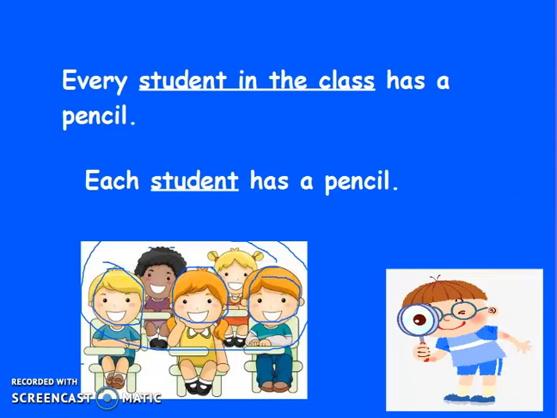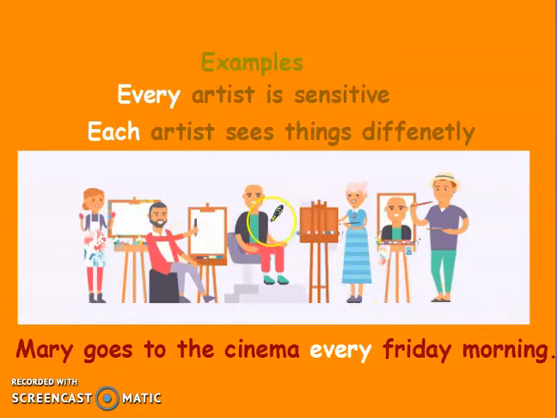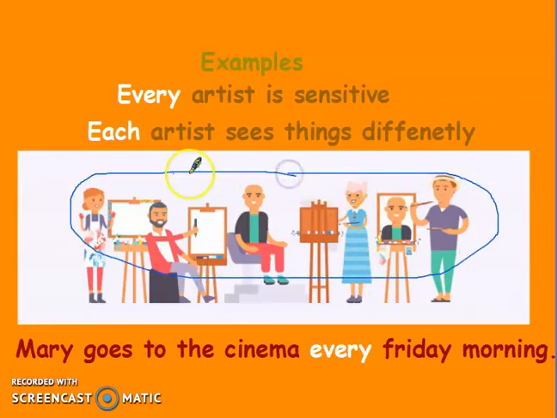بشكل فردي. Here we have another example. Look at the picture and also I will read and act. Every artist is sensitive. Here, every is for the group. So, I will circle all the group.